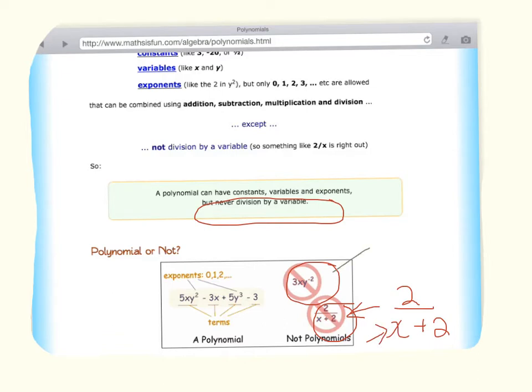This one, however, is maybe not so obvious. I don't see any division by a variable there, but it says it's not a polynomial. I think you have to think back to your rules of exponents for this one. What is the rule when we have a negative exponent? We have 3xy to the negative 2. When we have a negative exponent, what happens to it? We have to change that, right?